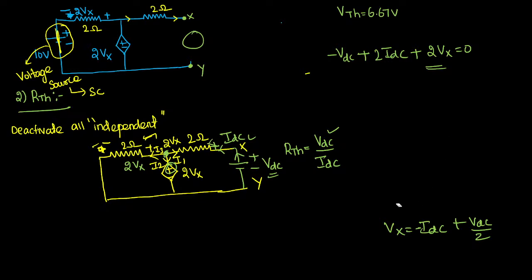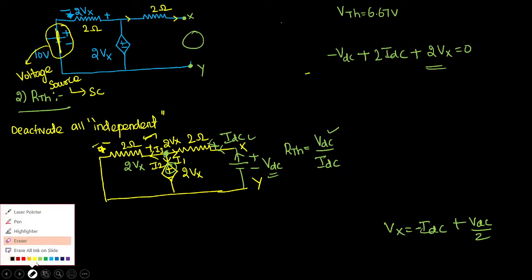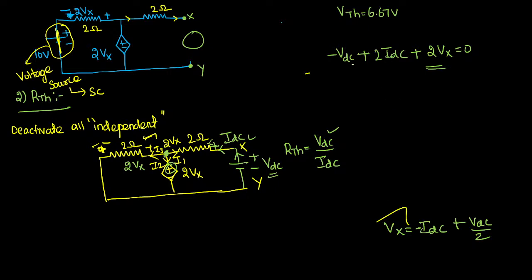Both are the same. If we substitute Vx here, the net value will become 0 again. So we have to replace this Vx in terms of either VDC or IDC. That is our target.